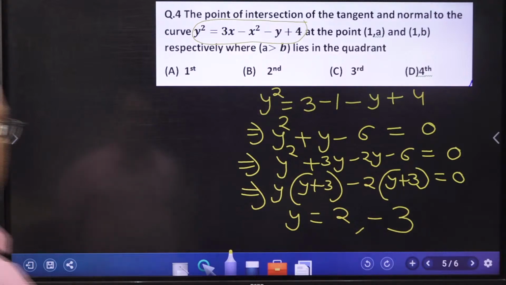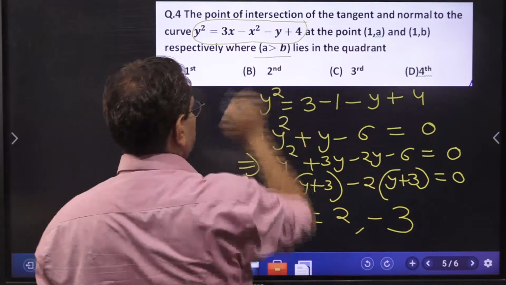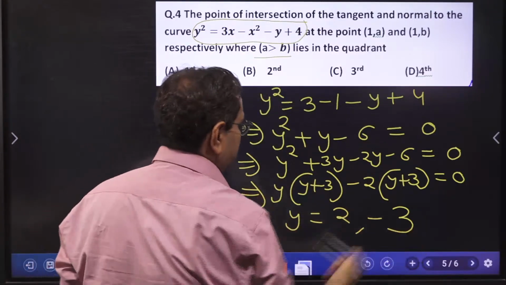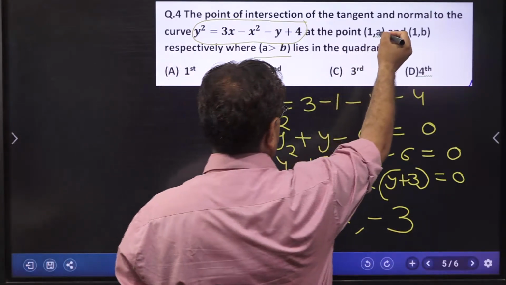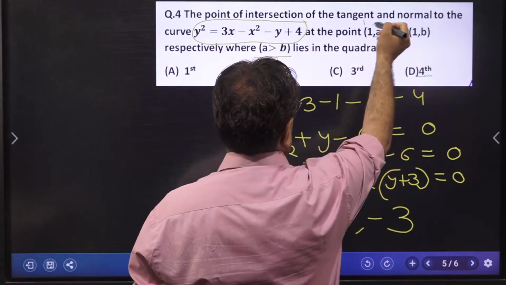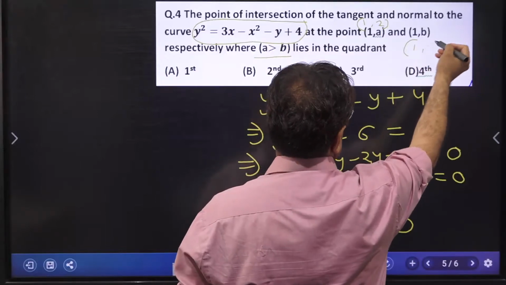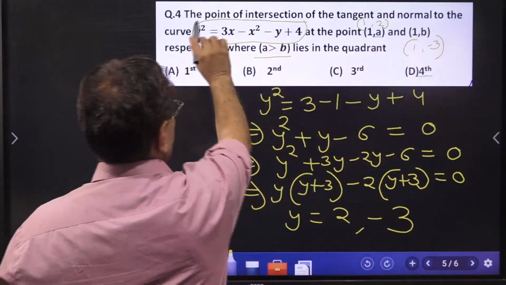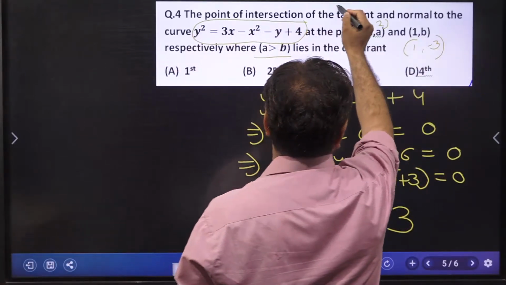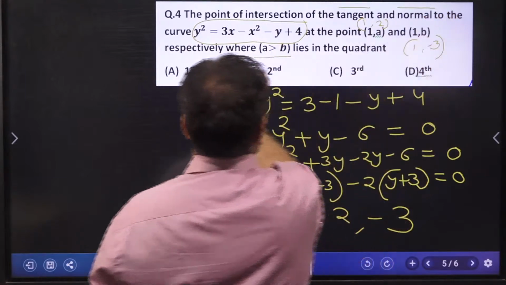Now they are saying that A is greater than B. So 2 is greater than minus 3. So clearly this point A is 2. So we have (1, 2) and another point is (1, minus 3). Now the point of intersection of the tangent and normal respectively.